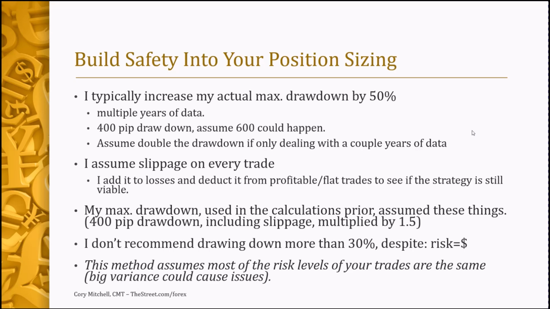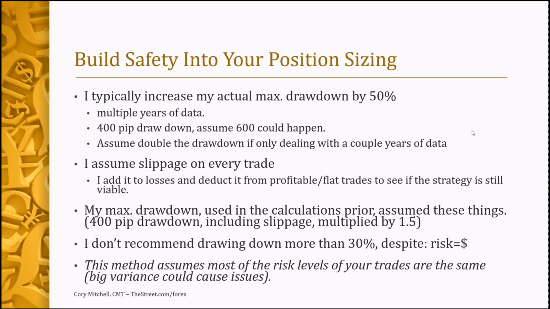You're doubling your position size. What happens if a bigger drawdown comes and all of a sudden your account's down 60, 70%? That's really ugly. So we want to build in a bunch of safety measures.